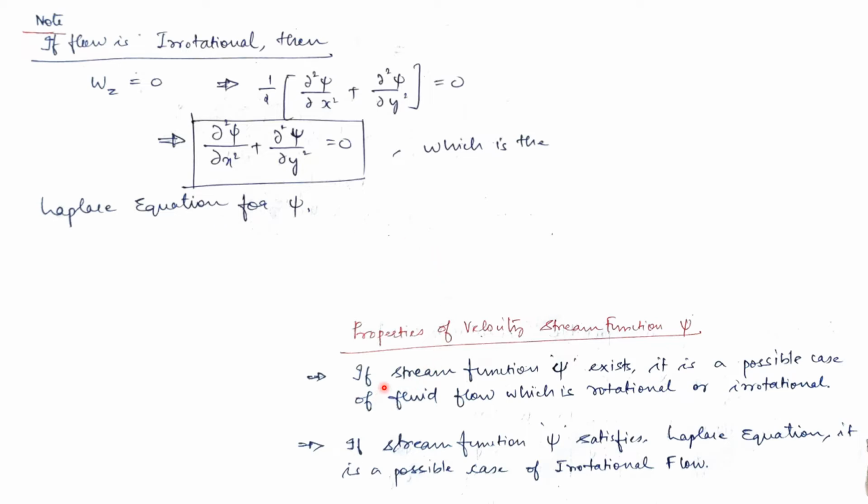So based on this, the properties of the velocity stream function psi. If a stream function psi exists, it's a possible case of fluid flow, which is rotational or irrotational. That means if you are getting the value of psi, expressed in terms of an equation, and if psi exists, it may be a possible case of flow in which it may be either rotational or irrotational.